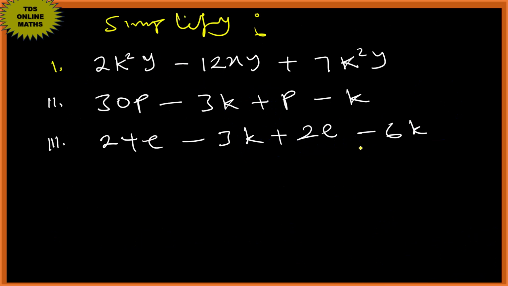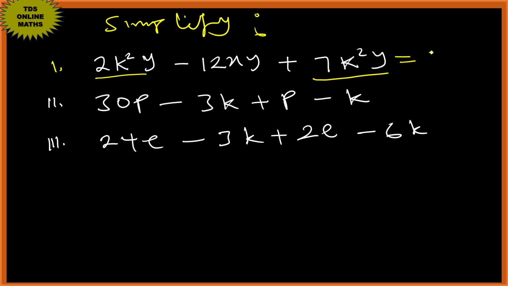Okay, so this is not different from the first one, they are the same. So we are given 2k squared y, then minus 12xy, then 7k squared y. So 2k squared y and 7k squared y are like, so I can put them together.